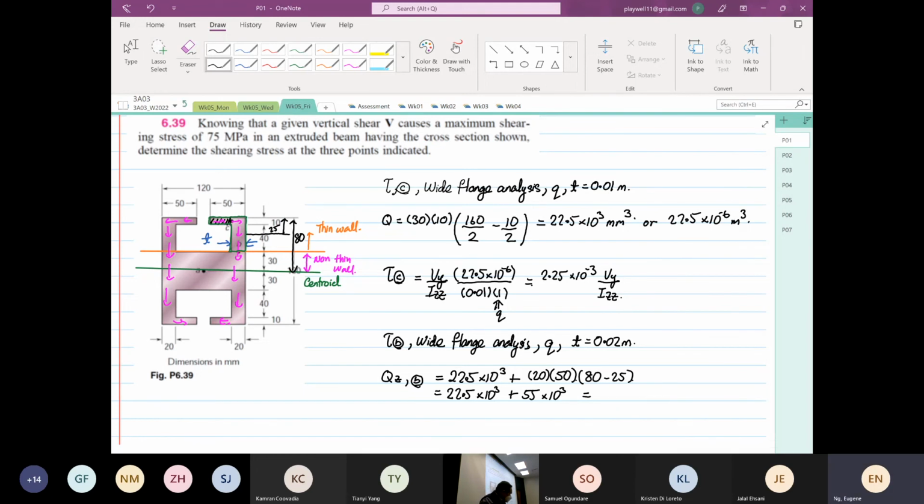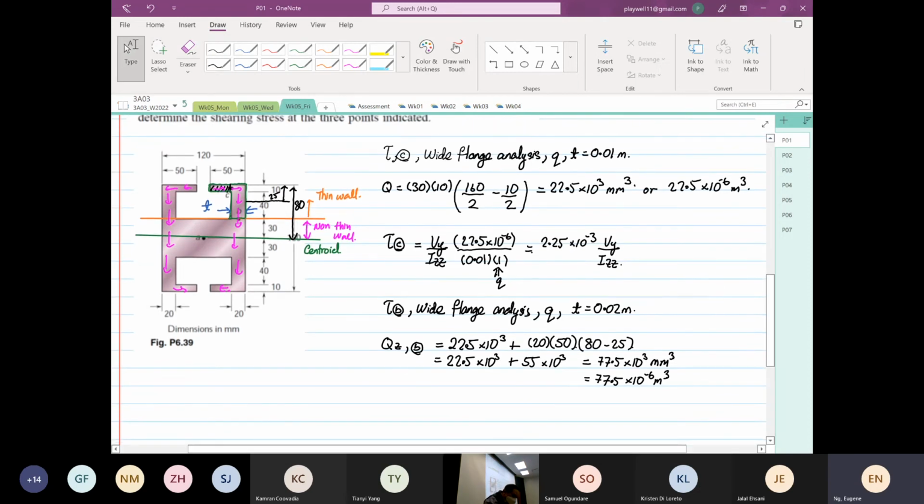So I get 77.5 times 10 to the power of 3 millimeter cube, and this is equal to 77.5 times 10 to the power minus 6 meter cube. I need to check. Yep, it's correct.